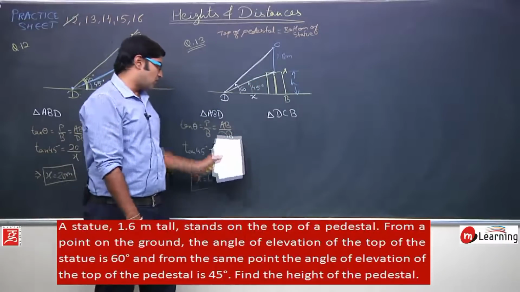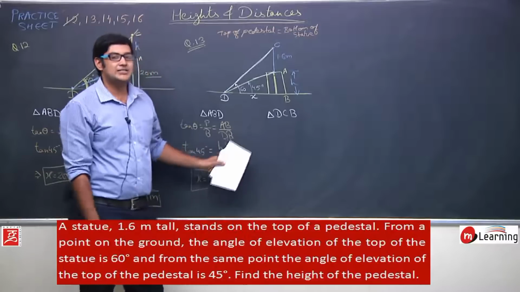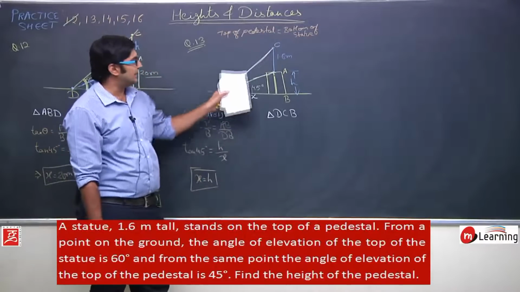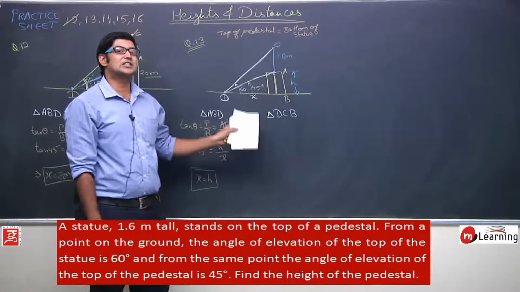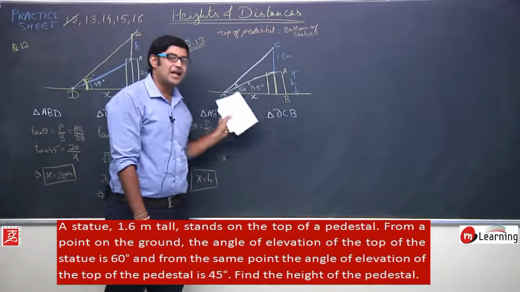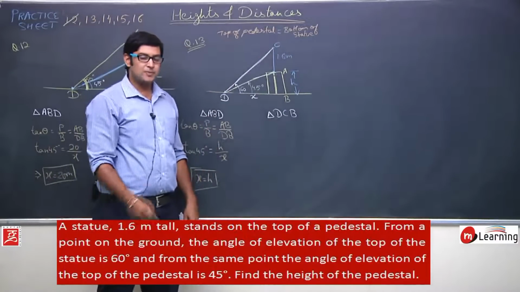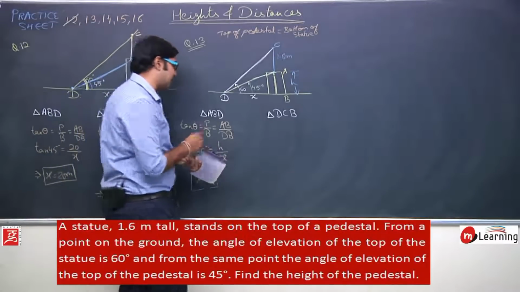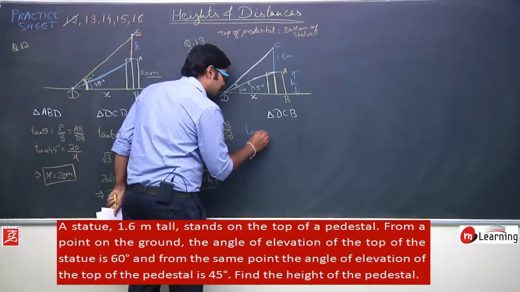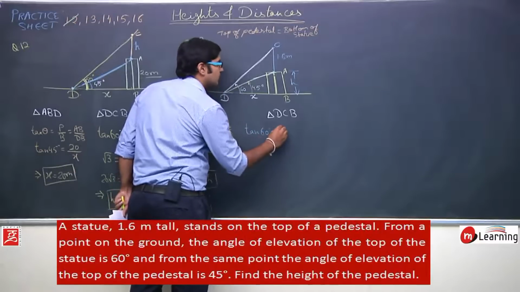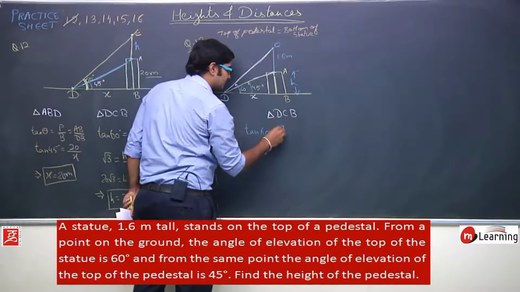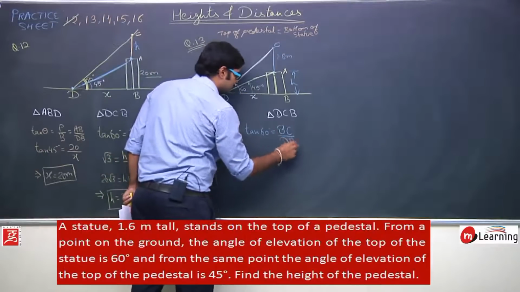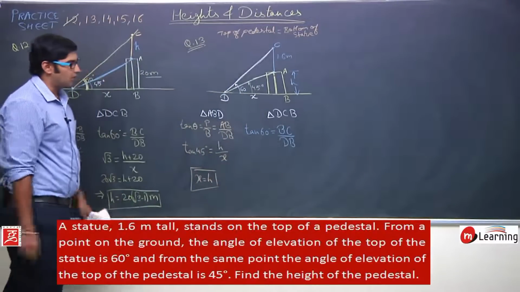Now observe the second triangle, triangle DCB. With respect to this 60 degree angle, BC acts as the perpendicular and DB acts as the base. Perpendicular and base, it means again tan theta. So here also I can write tan 60 degrees is equal to BC upon DB.